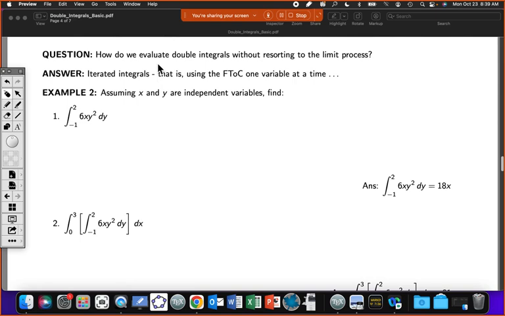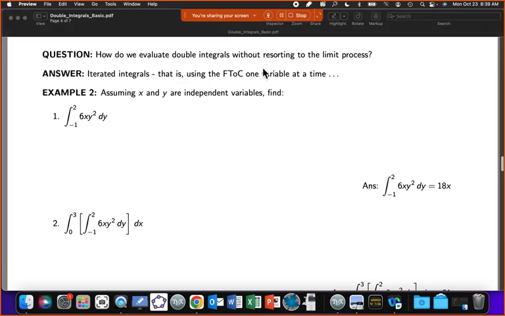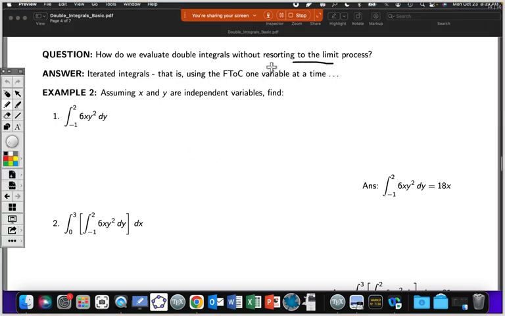All right, so as mentioned earlier, the way we avoided the limit process is we proved the fundamental theorem of calculus, which essentially was a courtesy of the mean value theorem. We could replace all of those discrete summations by looking at an antiderivative. So the way we're going to do it here is we're going to use that fundamental theorem of calculus, but one variable at a time.